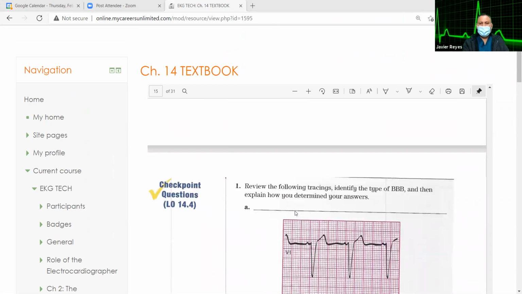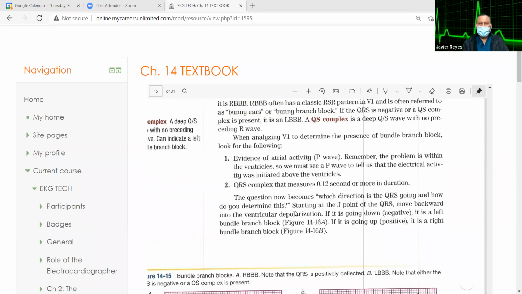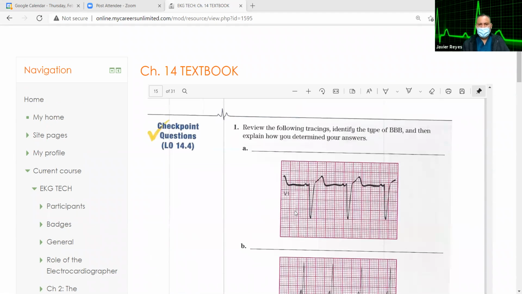Slides down. So it slides down is what? Left. And A? Left? Yes, you're correct. So then I suppose A is right bundle branch block, because V1 slides up.